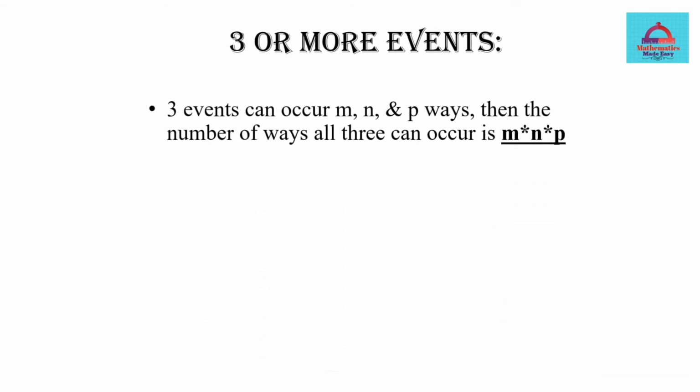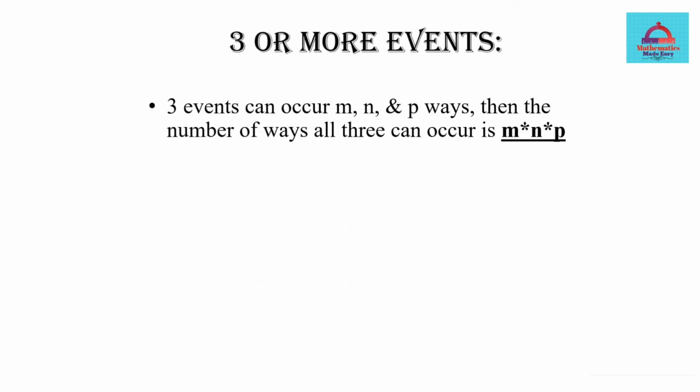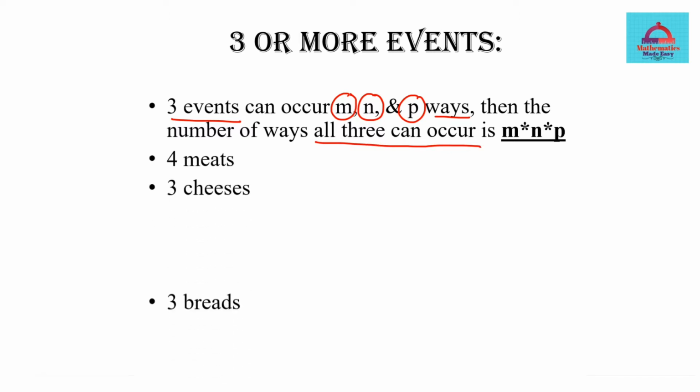You can find the number of possible outcomes for 3 or more events, and in that case you will just multiply the 3 possible ways in which these 3 events can occur. So for example, if you have 3 events and each of them can occur in m, n or p number of ways, then the total number of ways in which all 3 can occur is going to be simply by multiplying the 3 possible choices.